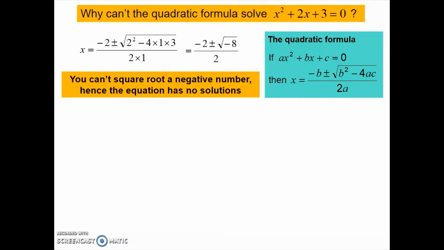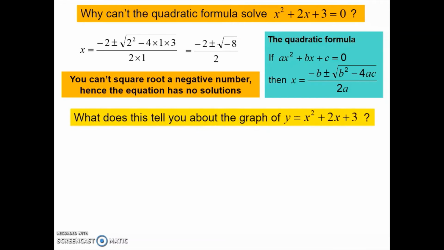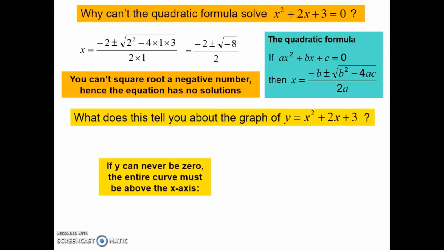And why is that? Let's think about the graph. That parabola, that U-shaped graph that we always associate with quadratic equations. If it can never be 0, the graph would look something like this. So the parabola never intersects the x-axis.